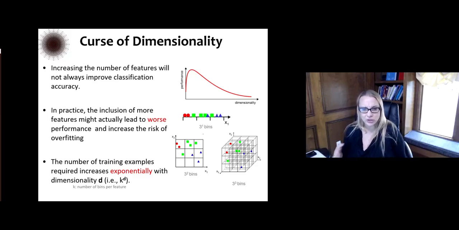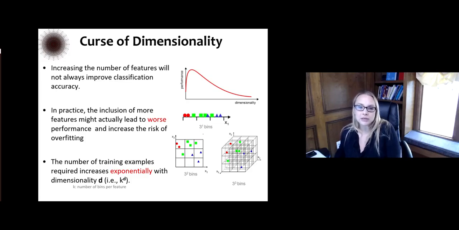With this, what we're talking about is that increasing the number of features is not always going to improve the classification accuracy. If we look at this chart here on the right, typically there is just a right number of predictors or dimensions to use that's going to give us the best performance. But the more you include, you will typically start seeing a deterioration of performance.